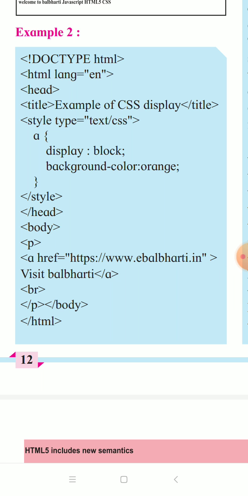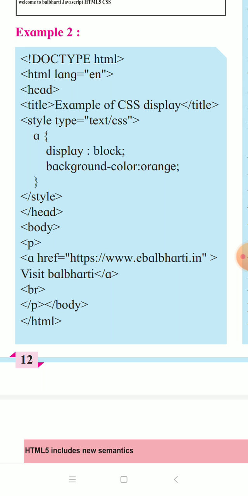Okay, then for anchor a element the CSS properties are display block, means for the display property block value is used here. Okay, then background color orange. Here the background color of the text is orange. Then declaration complete. End of style tag, end of head, body.